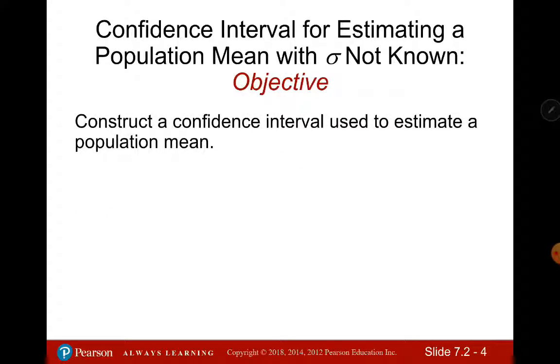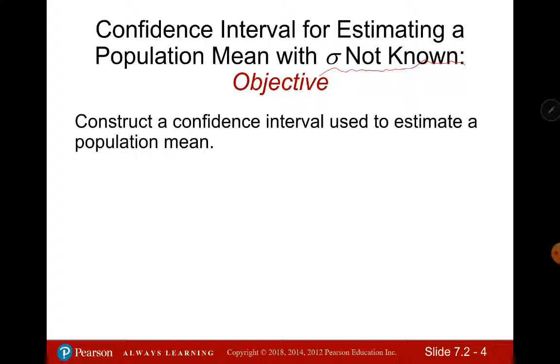So let's check how to construct the confidence interval, because we already know how to get the point estimate, right? X bar is the point estimate. But when we talk about the confidence interval, we have two different situations. One is where sigma is not known, and the other is where sigma is known, and each has its own way to construct the interval.